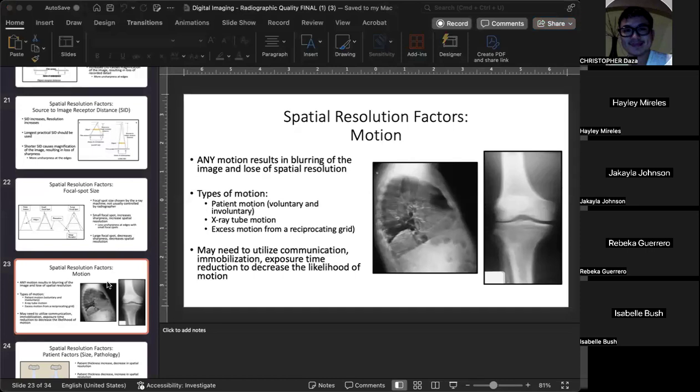Because the spatial resolution is degraded with motion, okay? We can basically practice a lot of the principles that we see here just with a light and a flashlight and a camera, or a smartphone, right? You could see some of the principles in real life.